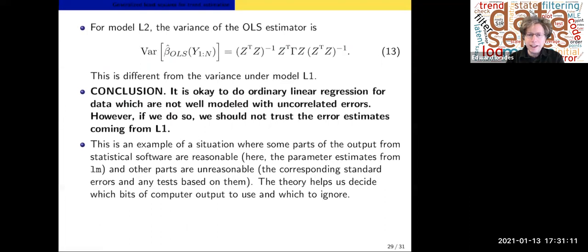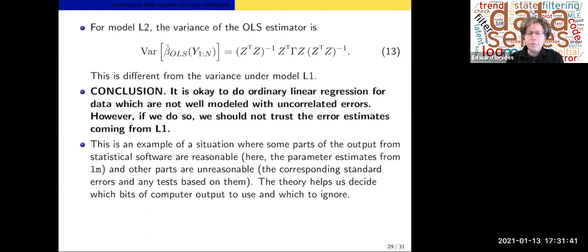So we have a slightly interesting conclusion. It's okay to do ordinary linear regression for data which are not well modeled with uncorrelated errors. If you do so, you should not trust the error estimates coming from L1. This is an example that needs careful thought about how to use software. This comes up in other contexts in time series analysis, because we often have to deal with model misspecification.